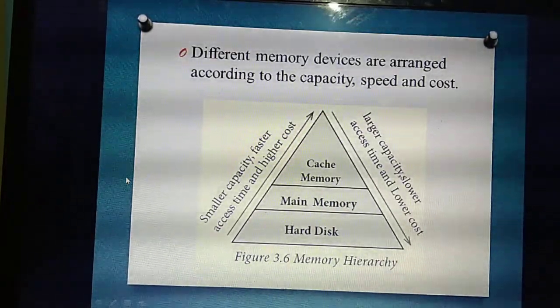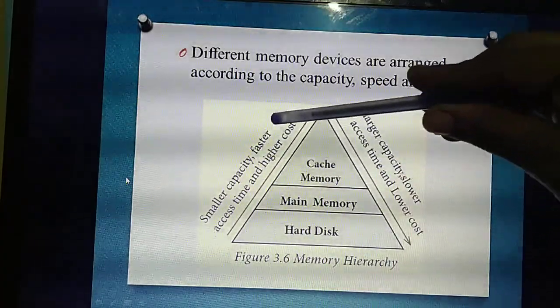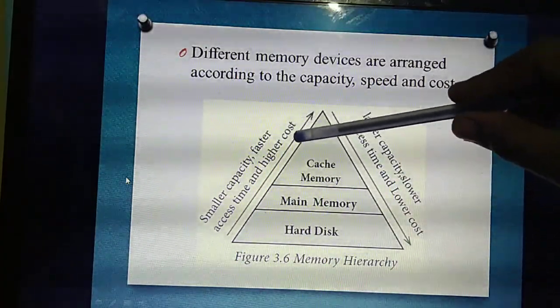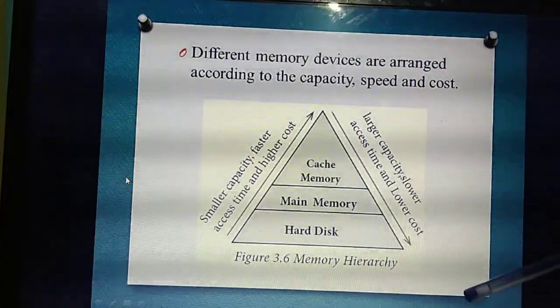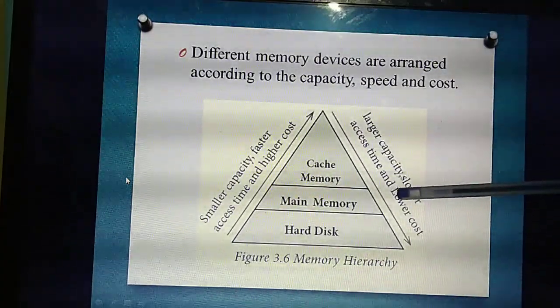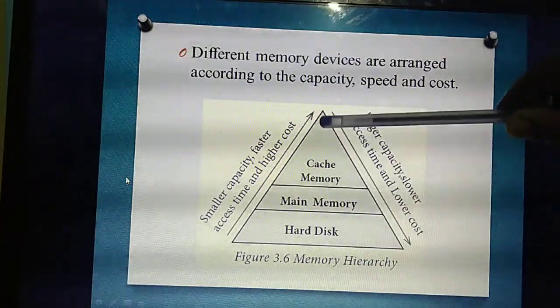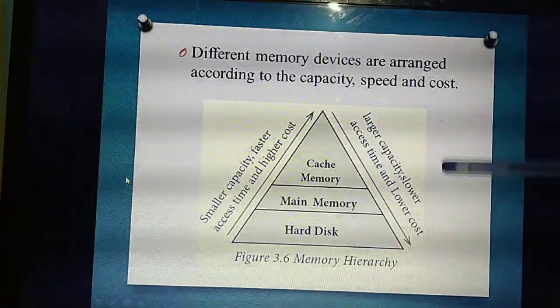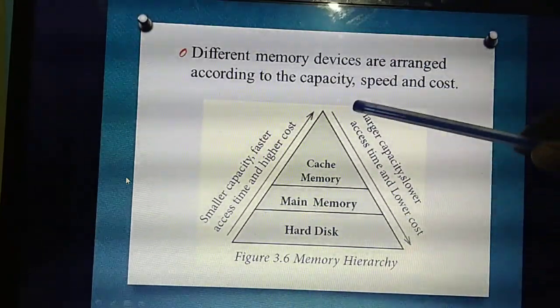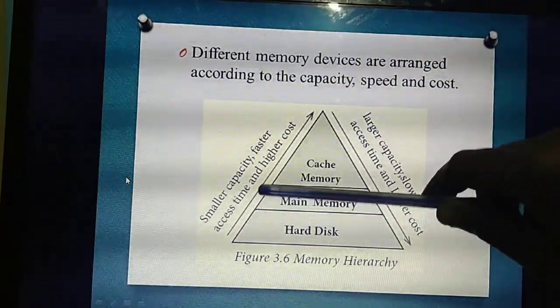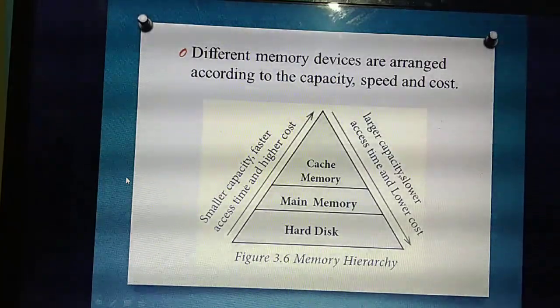If the capacity is low, you can access very fast and the cost is very high. Based on this arrow mark you study. If the capacity is larger, access time is slow and cost is lower. If the capacity is very small, access time is very fast and cost is high.